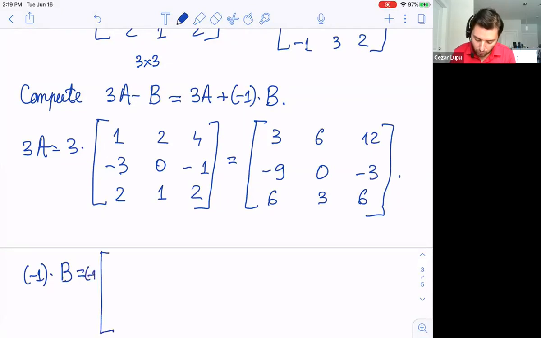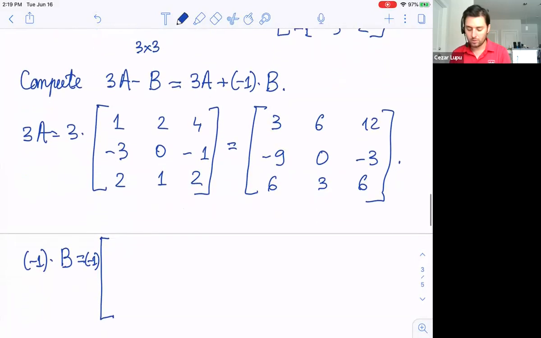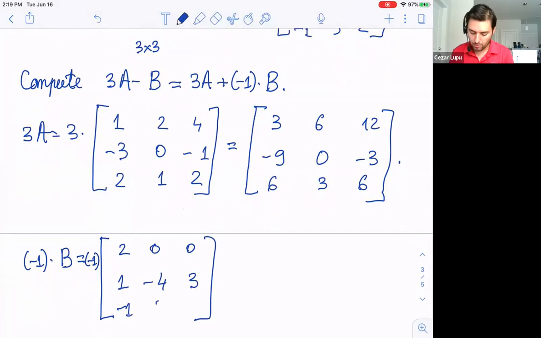So let me put it here, -1 times the matrix B. Matrix B is 2, 0, 0, 1, -4, 3, -1, 3, and 2.